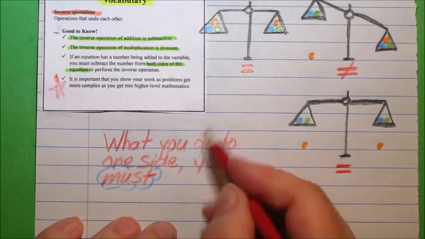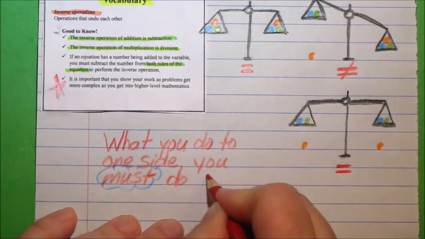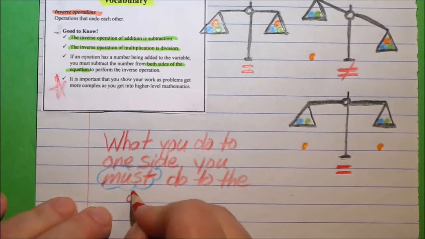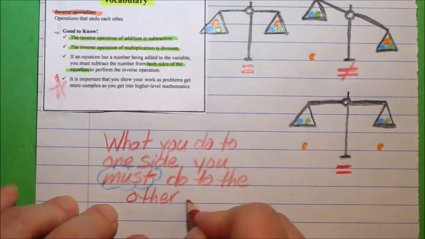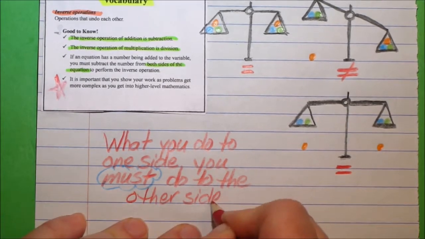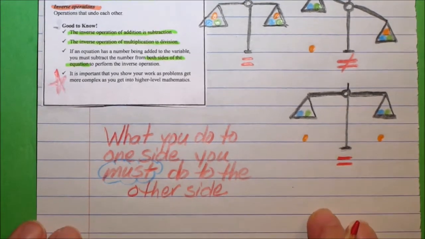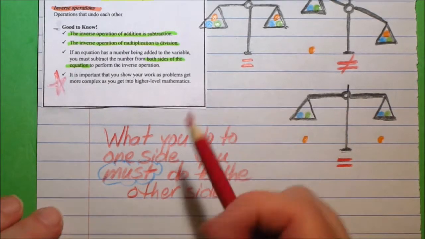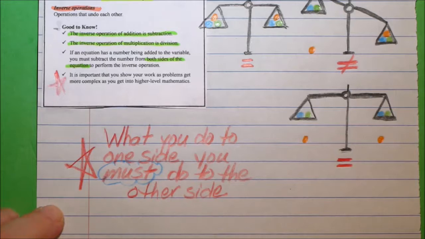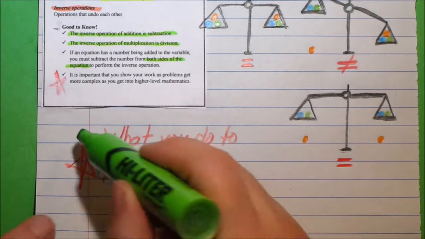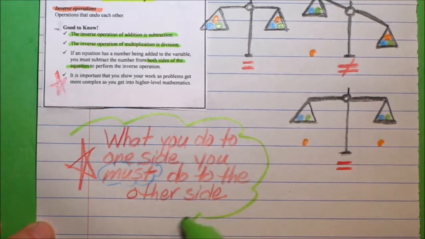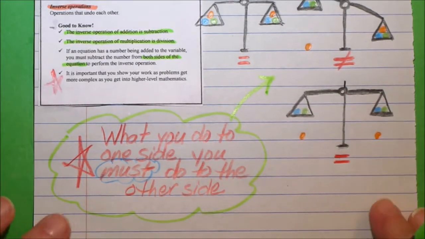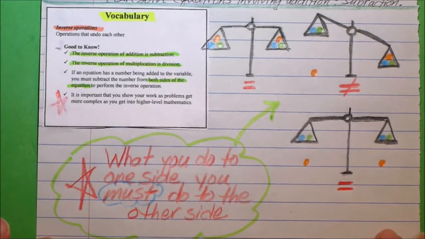You must do to the other side. What you do to one side, you must do to the other side. It's so important. And then I'm going to take my green highlighter and put a little arrow up to this illustration. That's what we're talking about, okay?